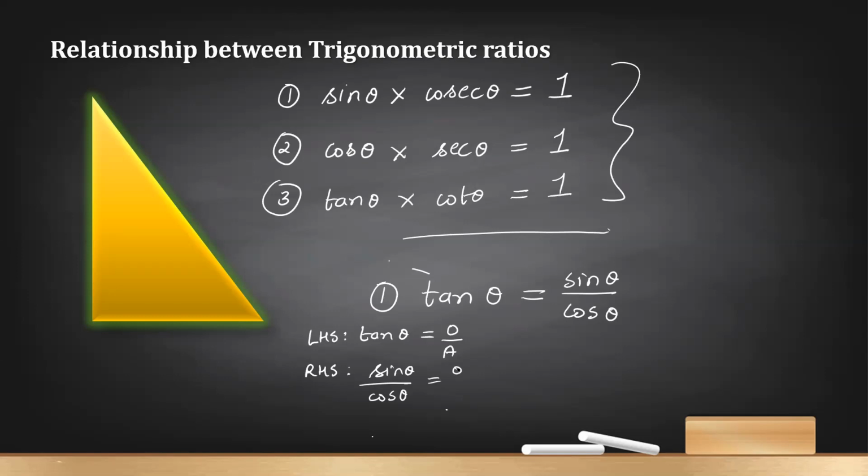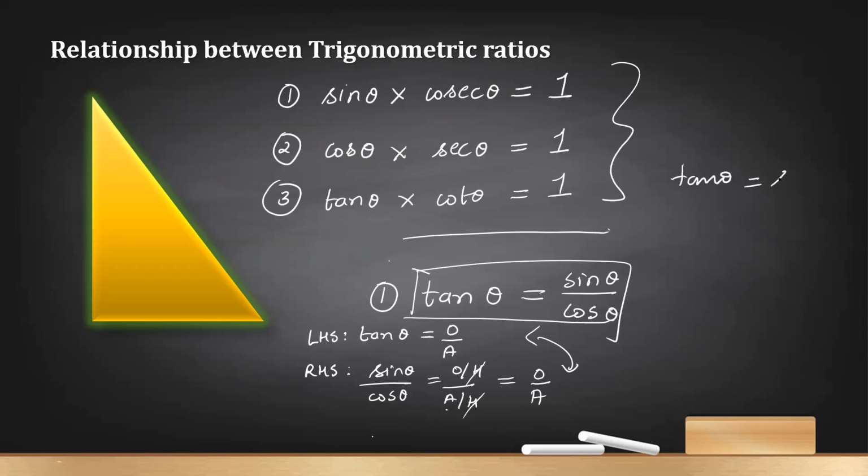Sine is opposite upon hypotenuse. Cos is adjacent upon hypotenuse. Obviously, hypotenuse gets cancelled. So what do we have? O upon A. Hence, LHS is equal to RHS. So very, very important formula, that is tan theta is equal to sine theta upon cos theta.